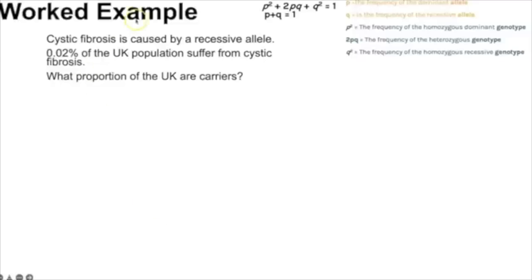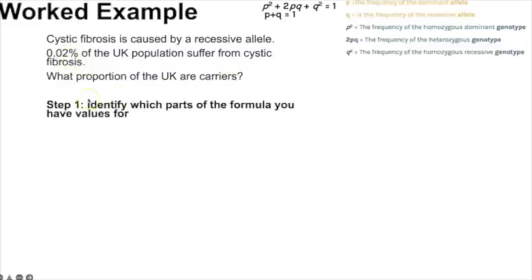So in this example, we're told that cystic fibrosis is caused by a recessive allele, so that would be the letter q. 0.02% of the population suffer from cystic fibrosis, and you then need to use that information to work out what proportion are carriers. Now, the first thing you should always do is identify which parts of the formula you have values for.